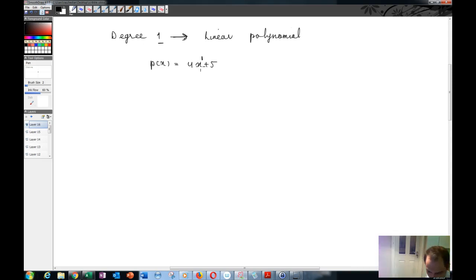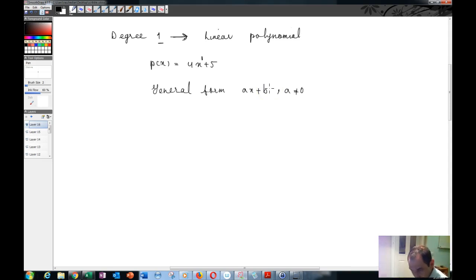And the general form of a linear polynomial would be ax plus b, a not equal to 0, because if a was equal to 0, then this would be just b, and that would be a constant polynomial.